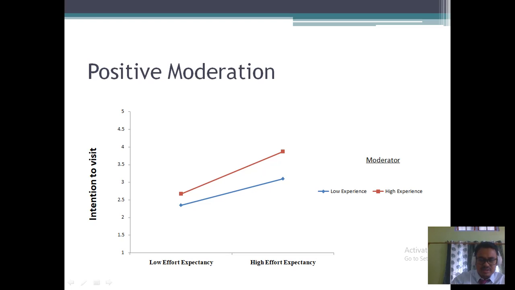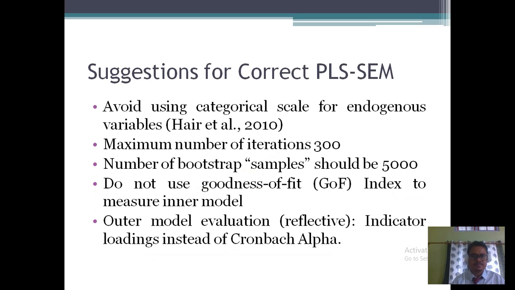That is, individuals feel that social media application or other form of technology is more easy, which in turn increases their intention to visit a particular destination. So this is a positive moderation of experience in the relationship between effort expectancy and tourist intention to visit a particular destination.